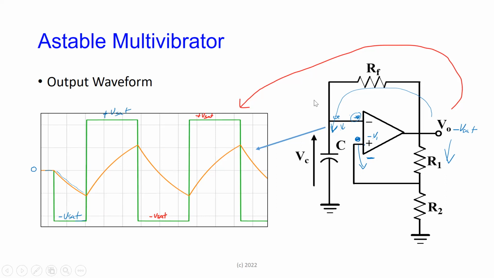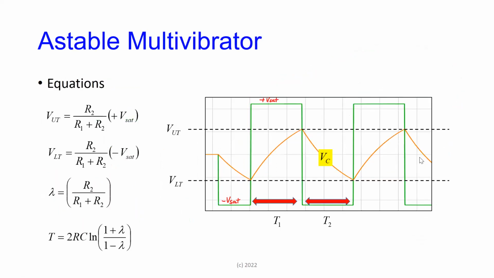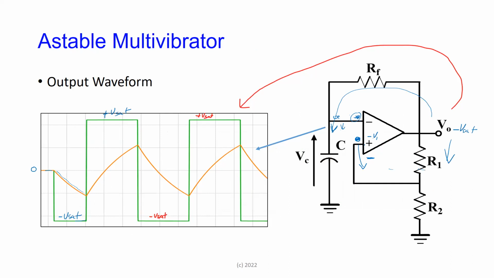Right? So where we are at here, this point now becomes positive VSAT. We have positive VSAT here, so we have plus V1 here. And you remember, C was on a negative charge, but because here is now positive, it starts to discharge and starts to charge back positively.